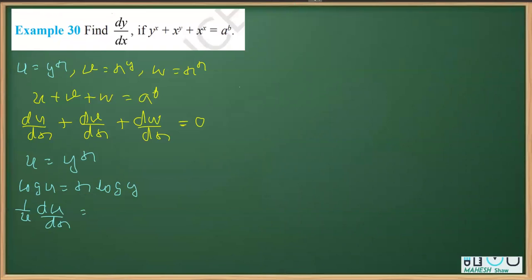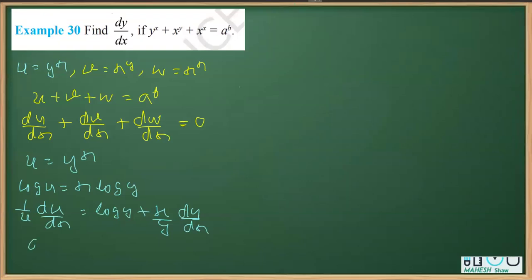Differentiation of x is 1 and log y is as it is. So 1 into log y plus x as it is, and differentiation of log y is 1 by y, and then we'll also write for y it is dy by dx.